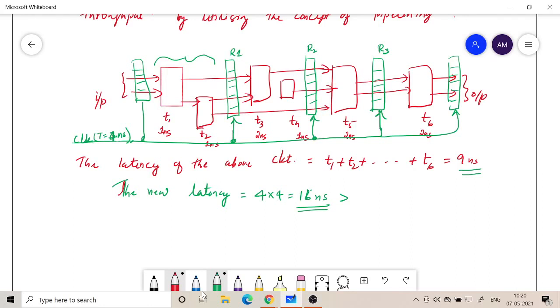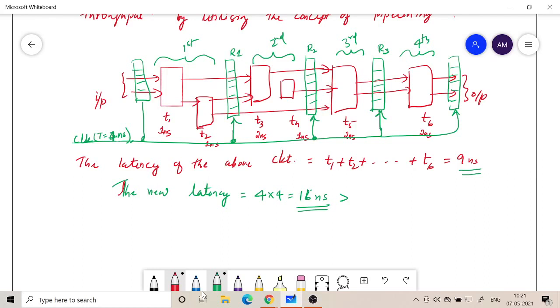After we give an input here, this input in the first register can be changed after the output of the first block. I'm going to call this the first block, this the second, third and fourth. After the first block result is computed and the next active clock edge comes, it will be latched onto register R1, and now I can change my input to a new set of input.